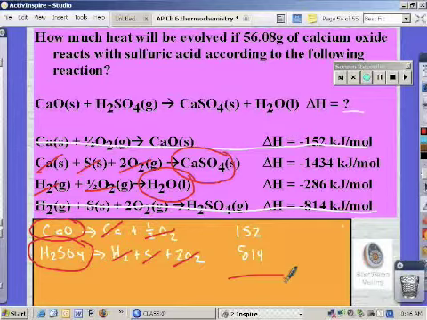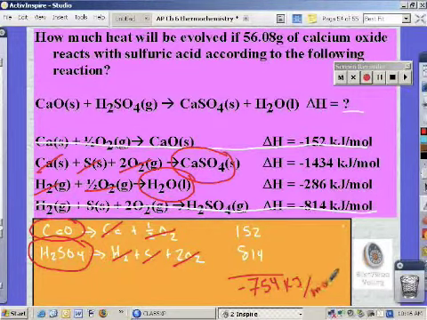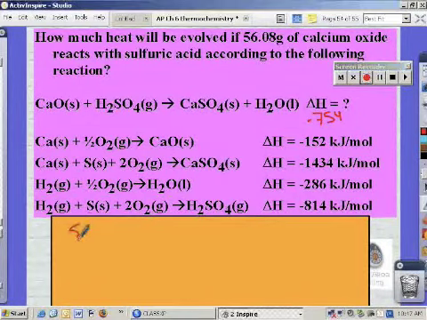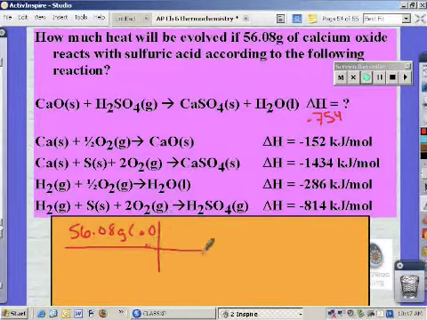Now we just need to add up our delta H's. We get 754 as our delta H, but if you look up at the top of the problem, it says how much energy will be given off if we burn 56.08 grams of calcium oxide.